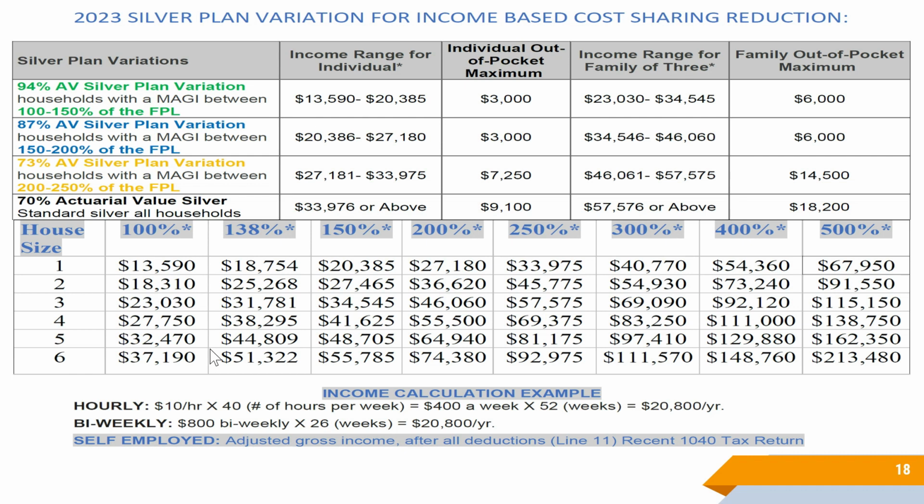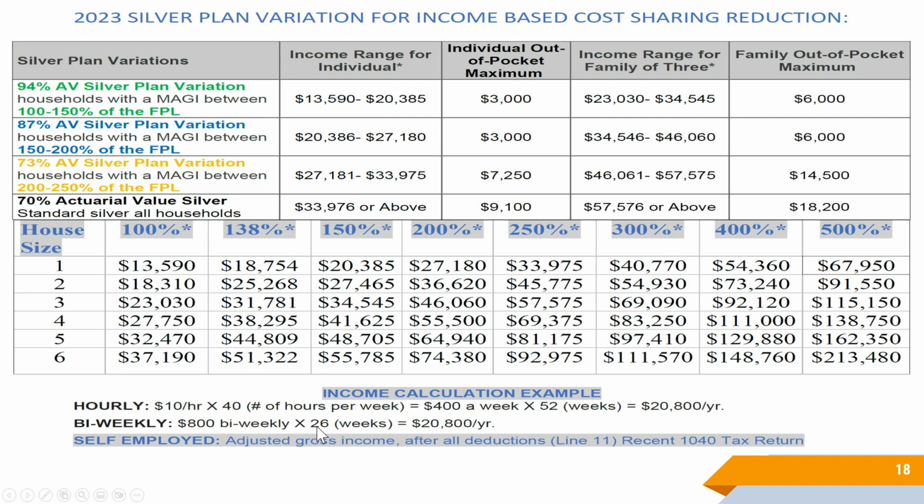So what we're doing is we're estimating based on how much they make currently, and if they're self-employed, we could use how much they've been making in the past as a gauge to do a good estimate for them. So if they're getting paid hourly, you're just going to get the number, how much they make per hour, number of hours they work per week, and you're going to calculate that by 52 weeks, and it's going to give you an estimated annual income for them.